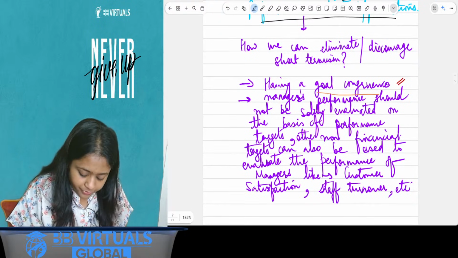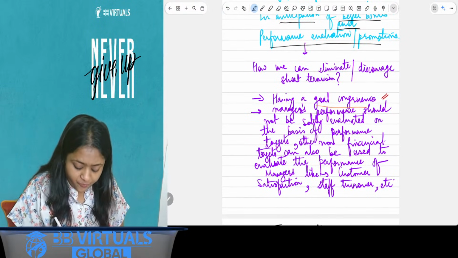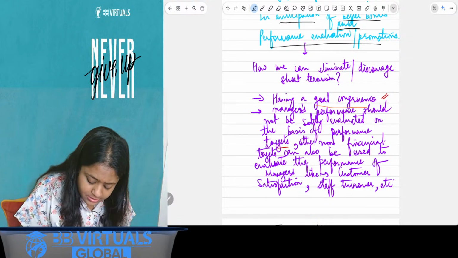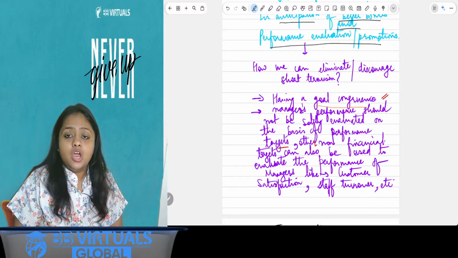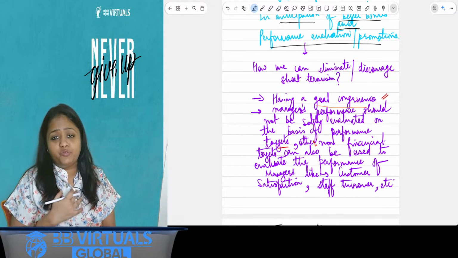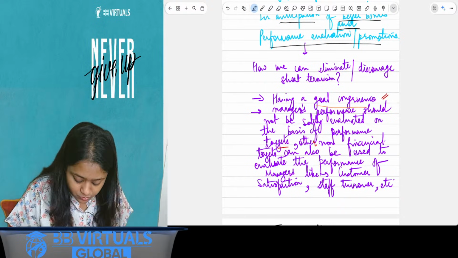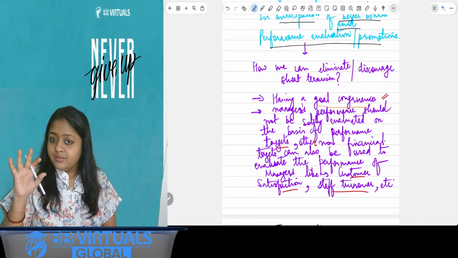Managers' performance should not be evaluated solely on the basis of financial performance targets, but non-financial performance targets should also be used, like customer satisfaction, staff turnover, and so on. Clear?